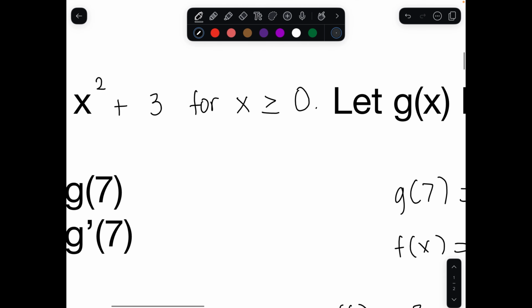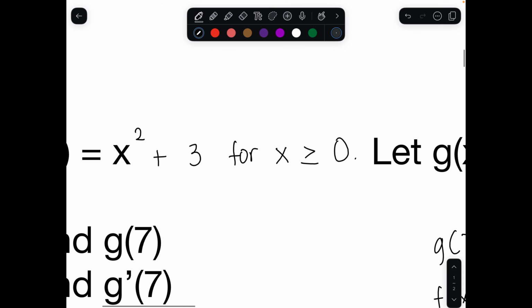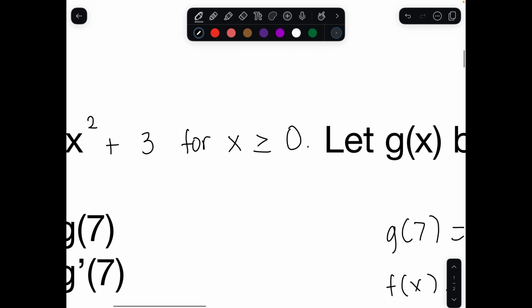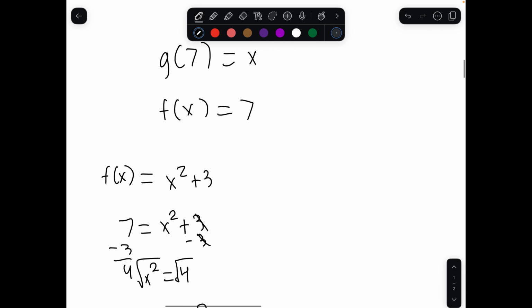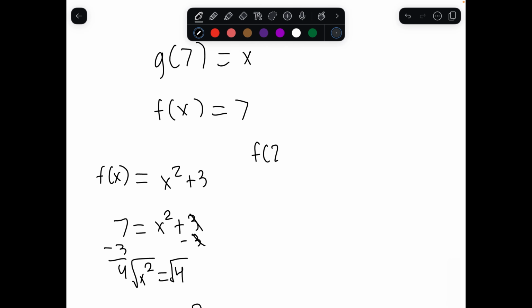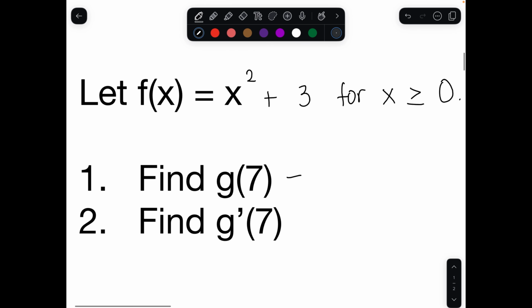But remember, the problem says let f of x equal x squared plus 3 for x greater than or equal to 0, so we're only going to look at the positive solution. So x equals 2, which means that f of 2 equals 7. So g of 7 is going to equal 2.